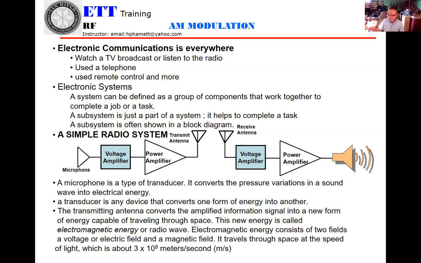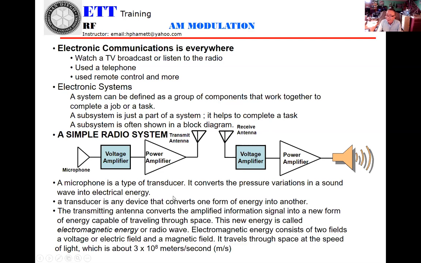Now, they give you a simple radio. That is the transmitter. Okay, that means the radio station transmits. And the other one is your radio. That is your receiver. Okay, that's the general idea.